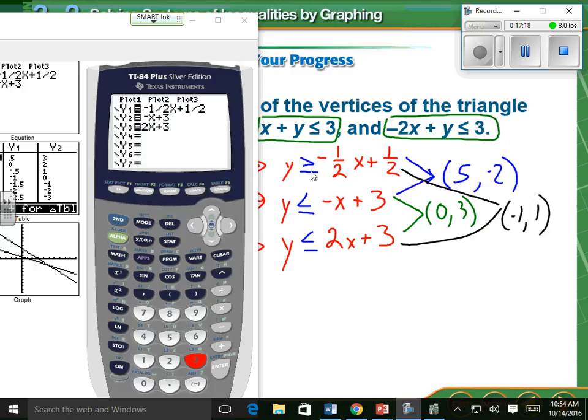Now, when I want to make the calculator shade as if it's an inequality, I can arrow over to the left of the y1, and if I want it to shade above that line, then I can hit enter until that's going to make the line thicker. That's going to make it shade above the line, which is what I want, but I'm going to go through the rest of them.